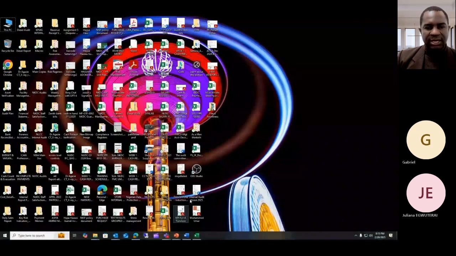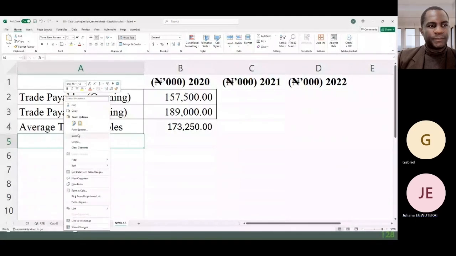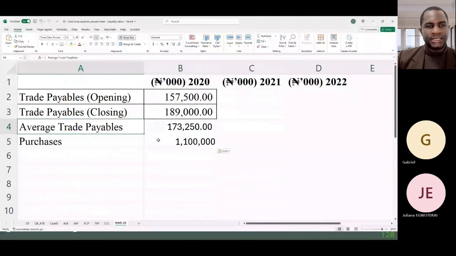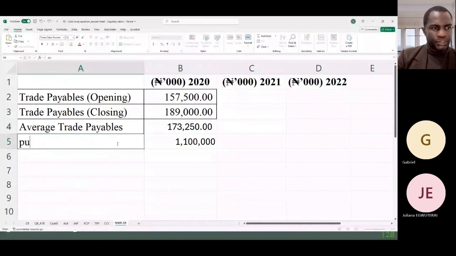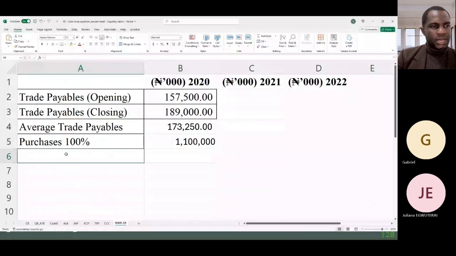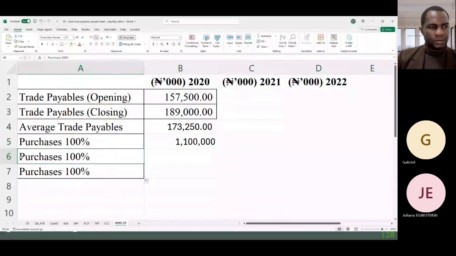So we've taken that purchases, and let's get 20% as credit, like it states. So purchases is 220. Okay, so this is 100%. Cash purchases is 80%, yes, let's put it graphically, and credit is 20%.